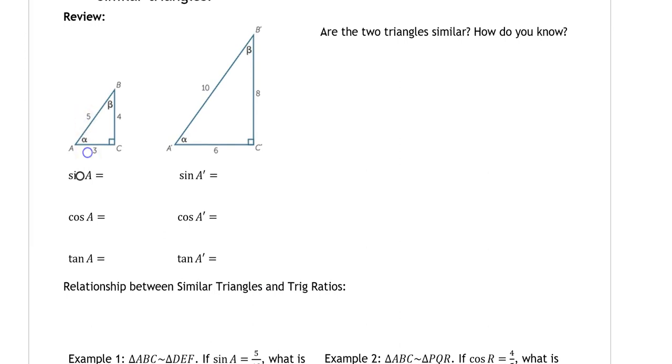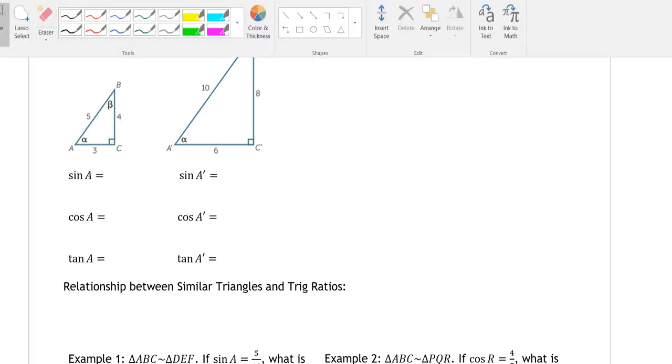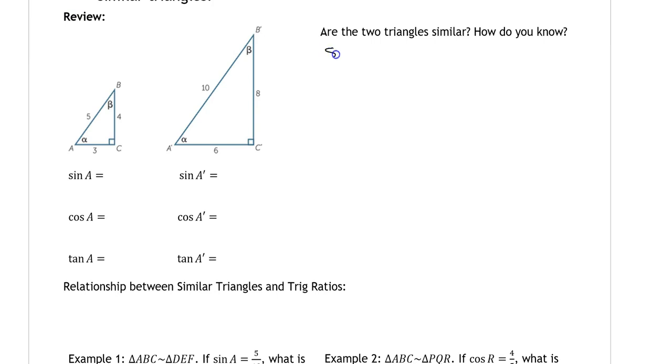Remember, I have three sides of my triangles. In order to prove these similar, I need to do small over small, middle over middle, and big over big.